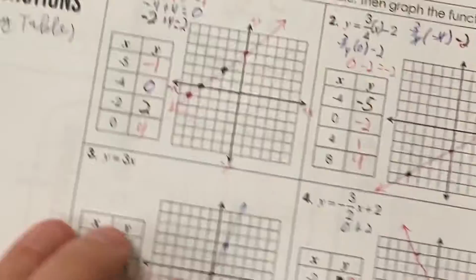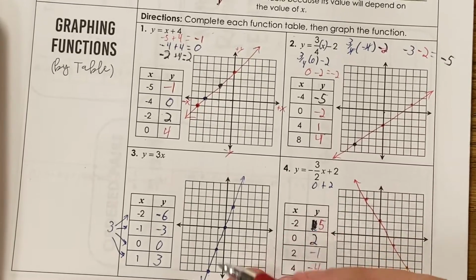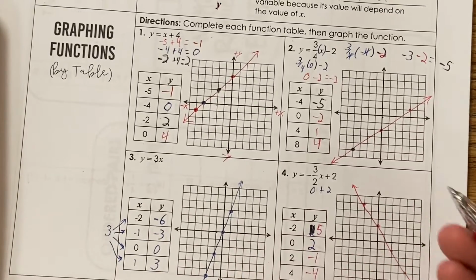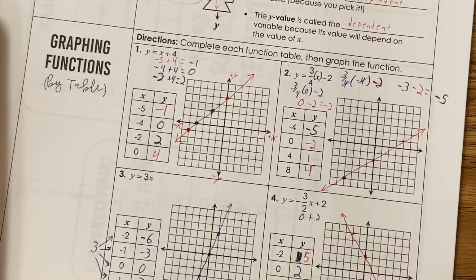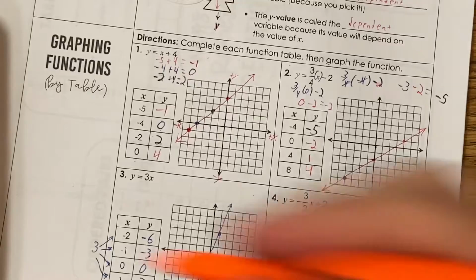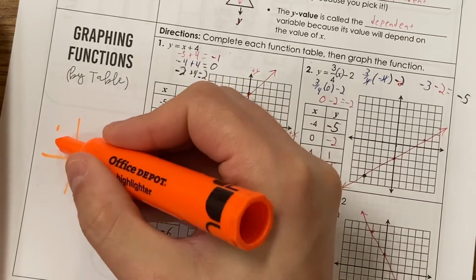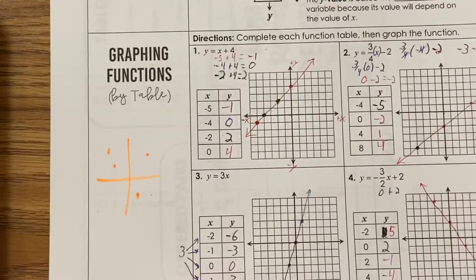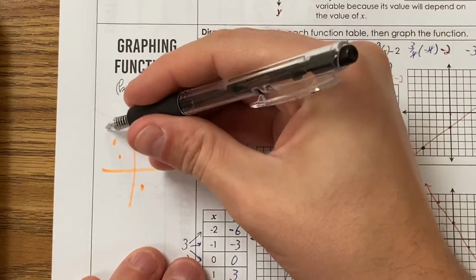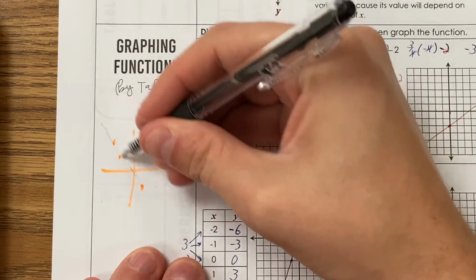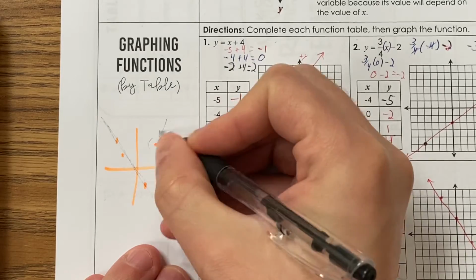These ones are lines, so if one of your points seems out of place and is not on a line, that means you need to go back and check it. For example, if I was to have a graph like this, and I got a point here, a point here, a point here, and a point there, let's just say, that means these numbers were probably correct because they're on the same line, and I probably did something wrong here.